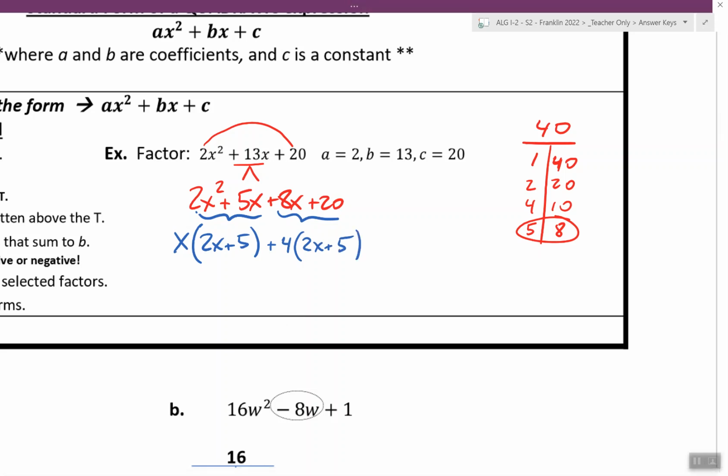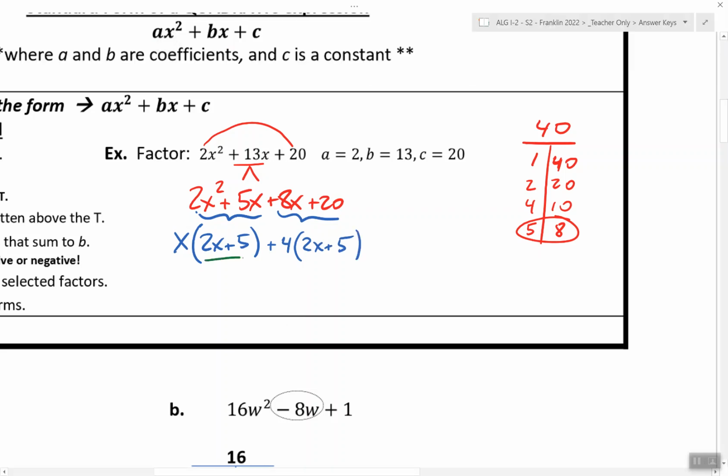And remember from the 6.1 notes with grouping, you want this to be the same. So that's 2x plus 5. And then what's left over is x plus 4. And there's the answer there.